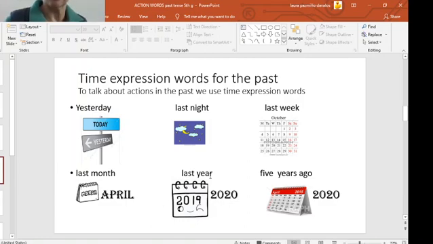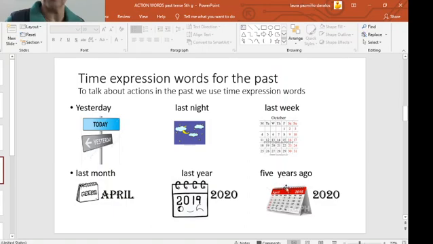Last year, pasado. Y esto es interesante porque ustedes pueden escoger con ago: a day, 2 hours ago, 1 minute ago, 2 years ago, 2 months ago, 2 days ago, 2 weeks ago. But en este caso escogí años y pues puse 5 years ago para que tengan una idea.